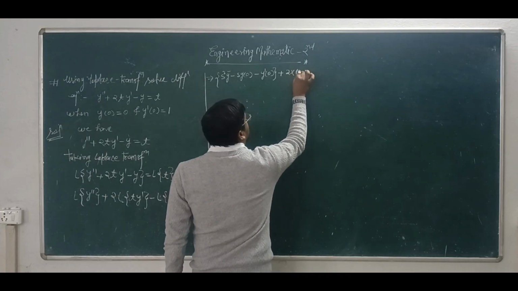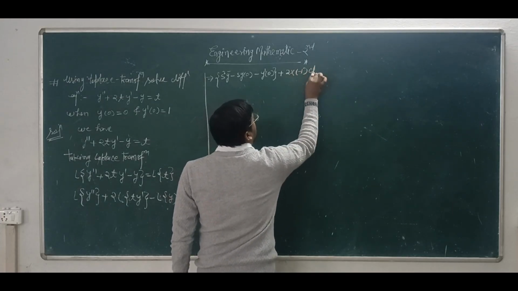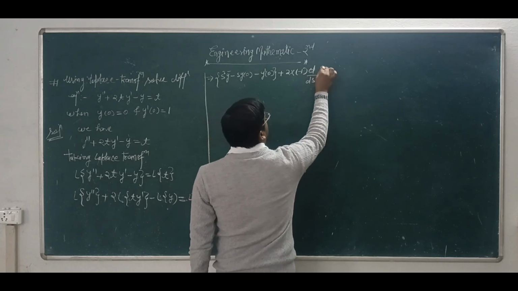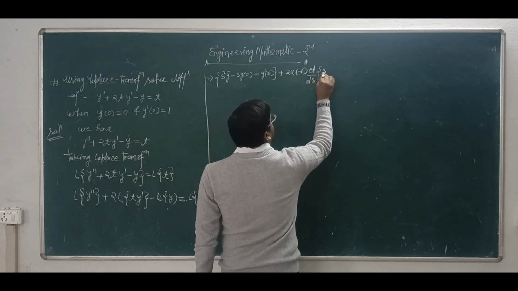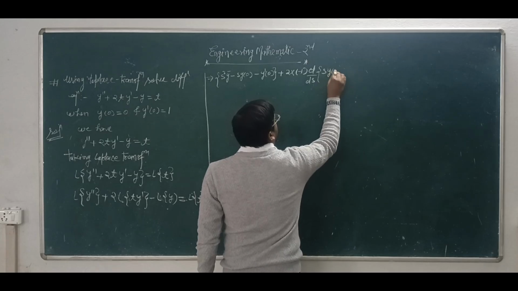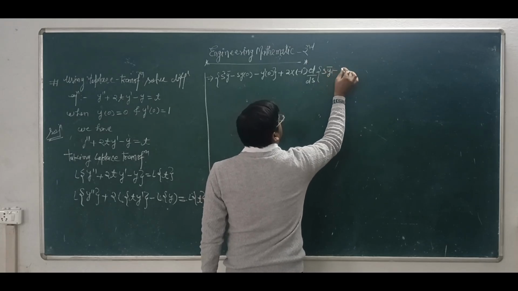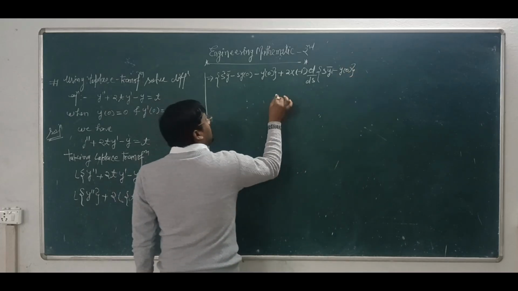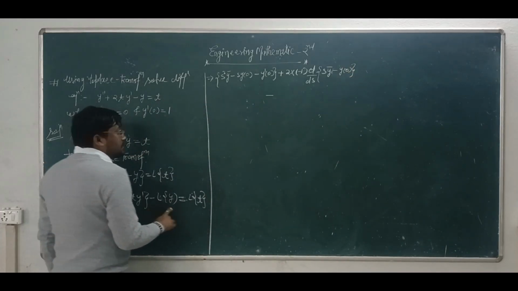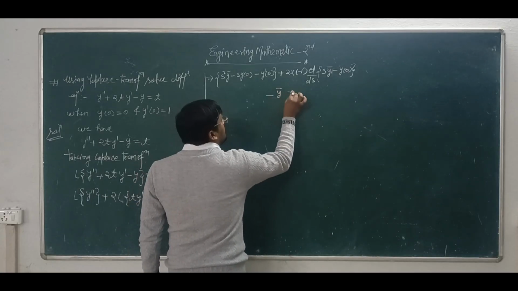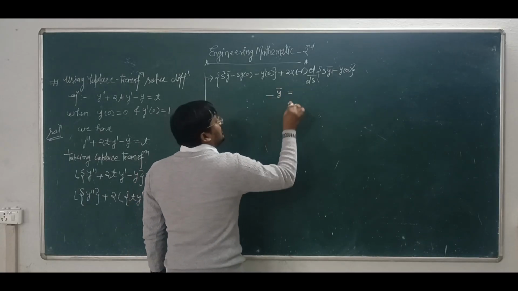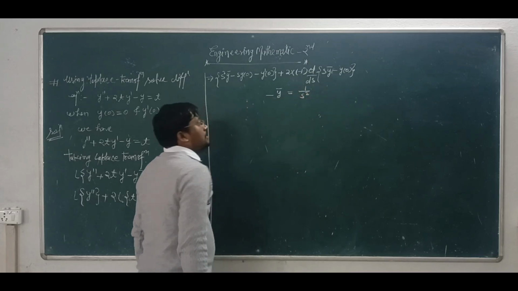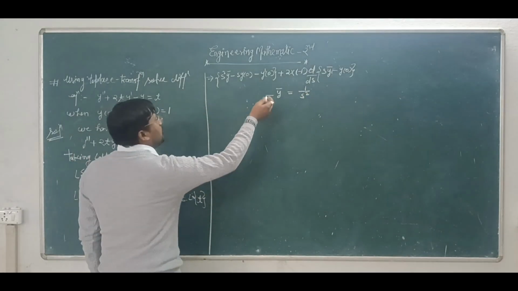This means minus 1 to the 1 into d upon ds into Laplace of y dash. This means s y bar minus y0. Now minus Laplace of y, that is y bar, is equal to Laplace of t, which is 1 upon s square.